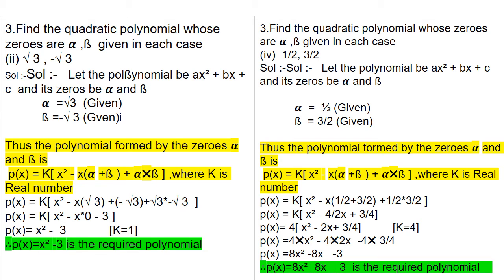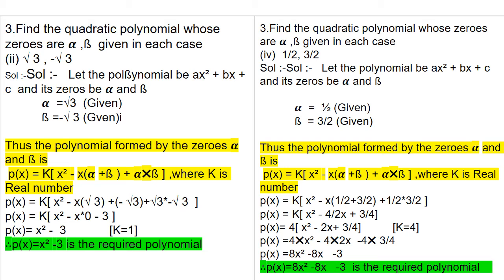In the third problem, find the quadratic polynomial whose zeros alpha and beta are given in each case. In the second problem, the sum of the zeros alpha plus beta is given and alpha into beta, the product of the zeros, is given. In the third problem, alpha and beta are the two zeros given separately here. Root 3 and minus root 3 are the two zeros of a quadratic polynomial.